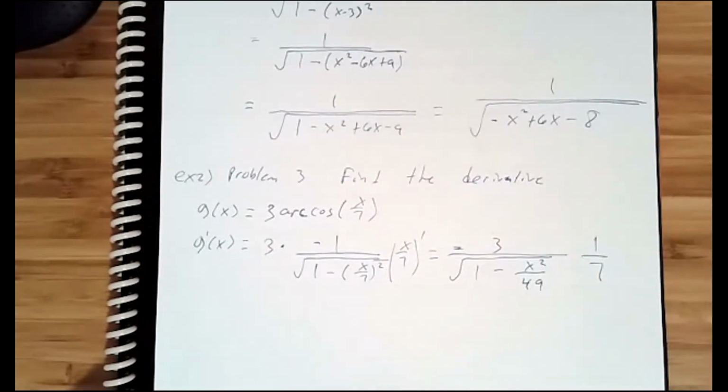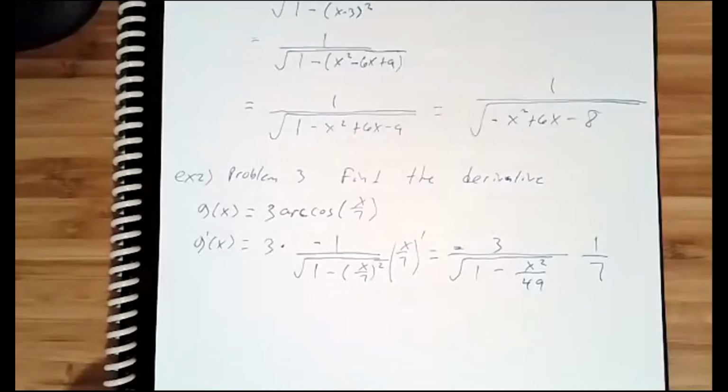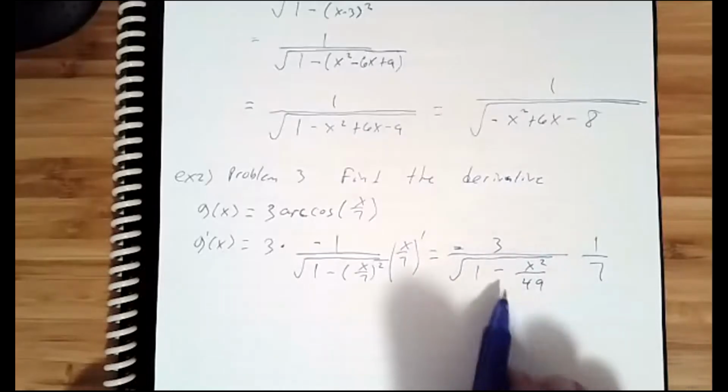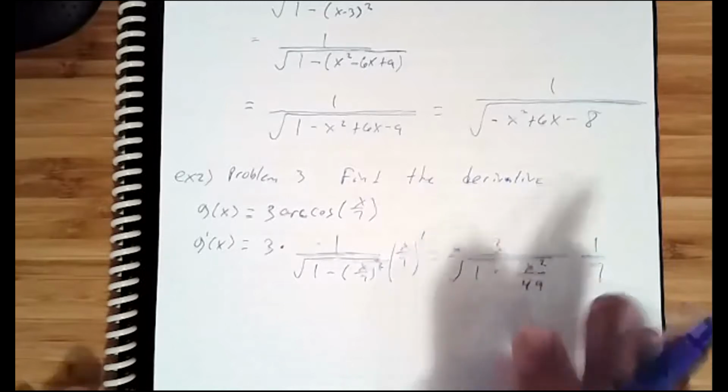For example 2, if you notice, they have this here. So how did that happen? What they end up doing, which I don't think is necessary, you could have left it like 3/7 in front. What they did is they threw the 7 inside. So if you bring a 7 into a square root, the 7 turns into a 49, right?